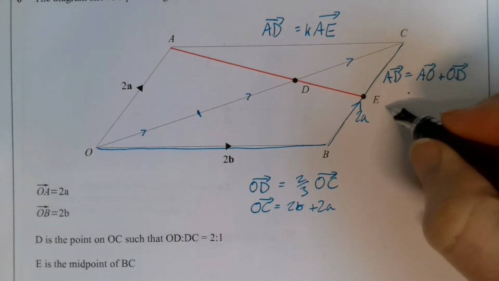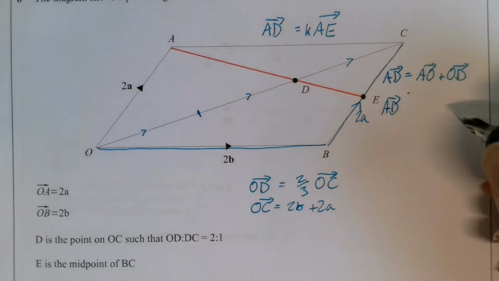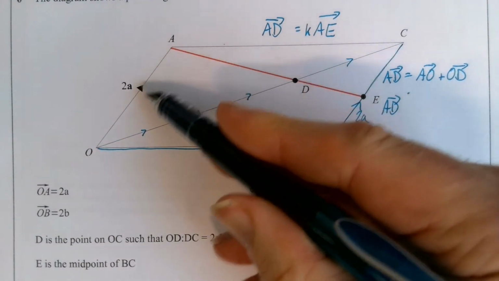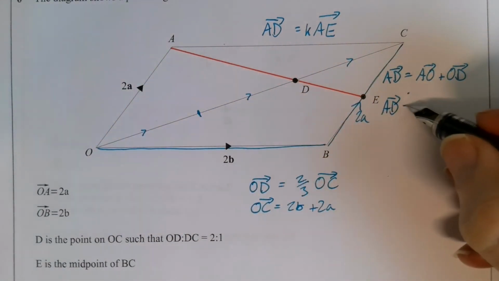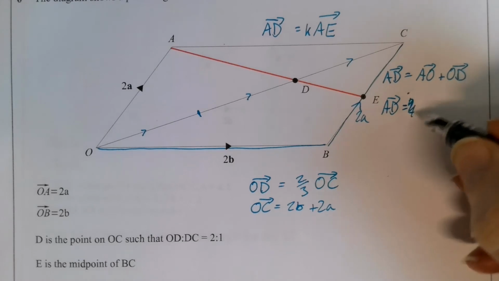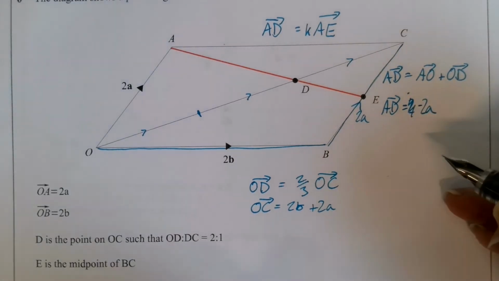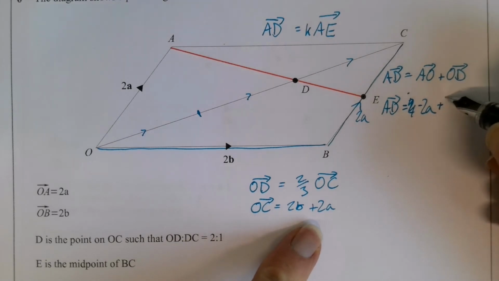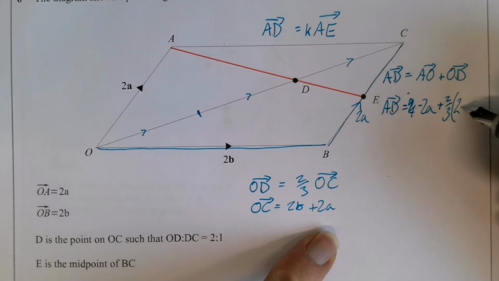So if I come over here, I can say that my AD is going to be, I've got to do A to O, which is easy. It's just the negative of that one. So that's minus 2A. And then I'm going to want 2/3 of this. So I'm just going to write that using a bracket first of all. 2/3 of 2A plus 2B.